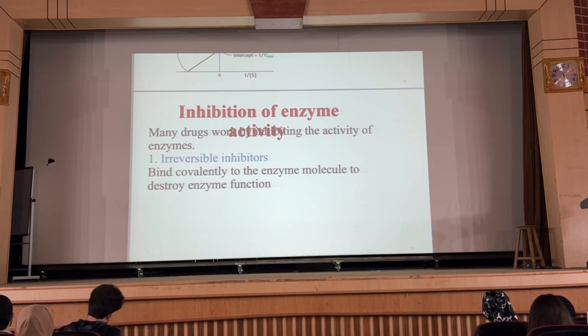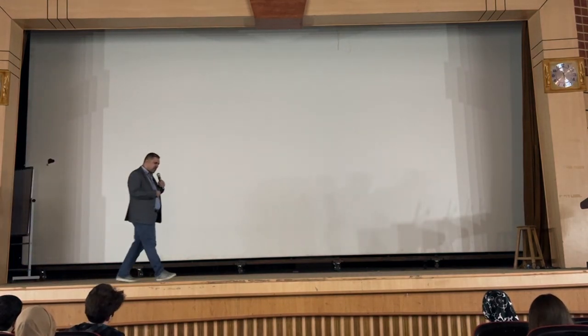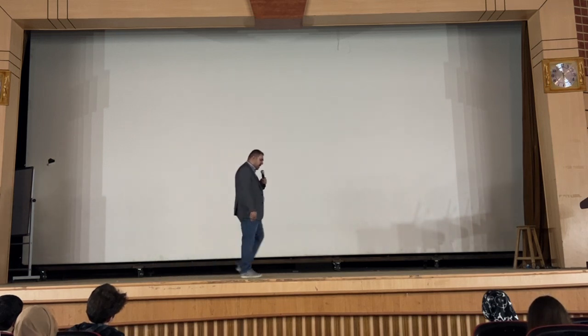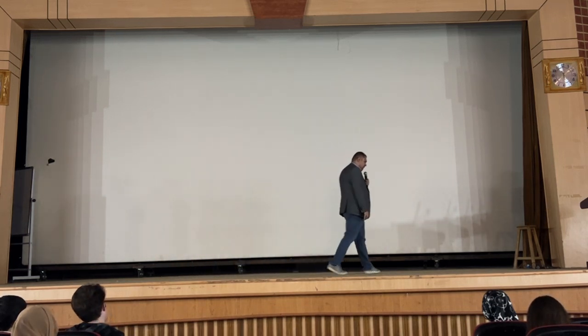With an irreversible inhibitor, you stop the reaction completely, because the cancer cell depends on it. It's called an irreversible inhibitor. There are so many drugs used in anti-cancer therapy.